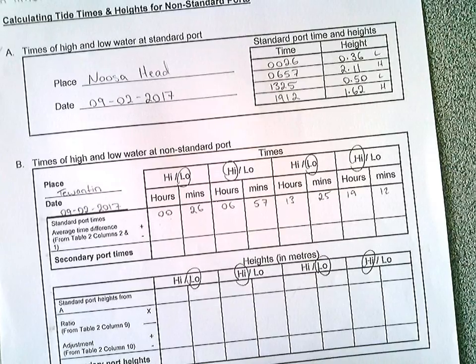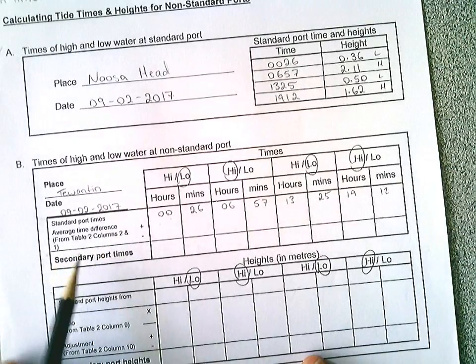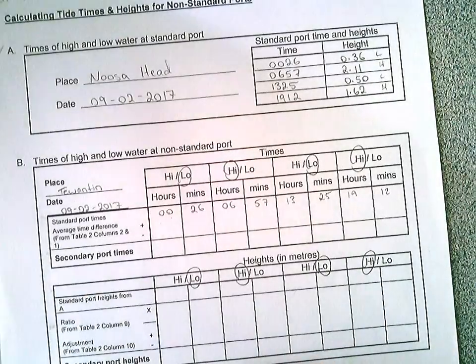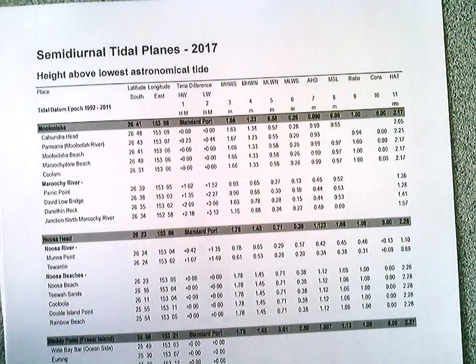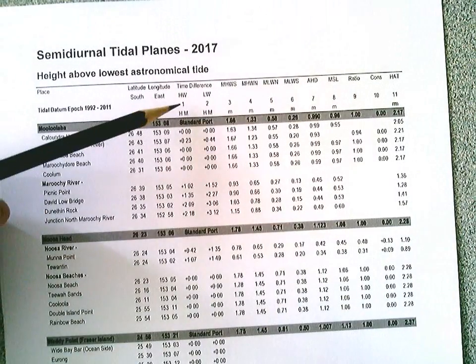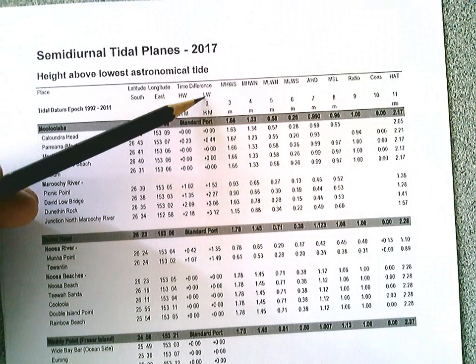Just like so. We then need to get this value, the average time difference from table 2, columns 2 and 1, which is referring to this particular information. Okay, now we've got table 2 here, columns 1 and 2 refer to these time differences for the high water and time differences for the low water.